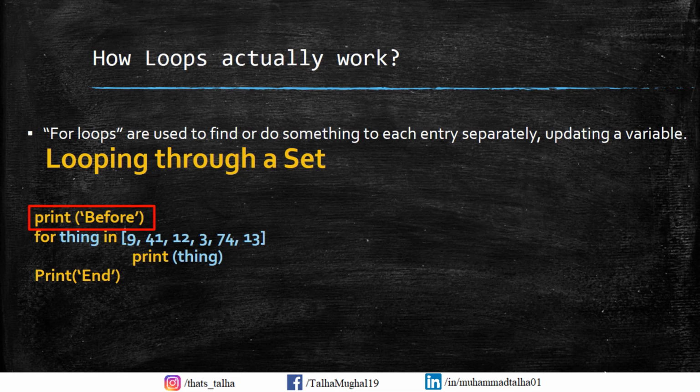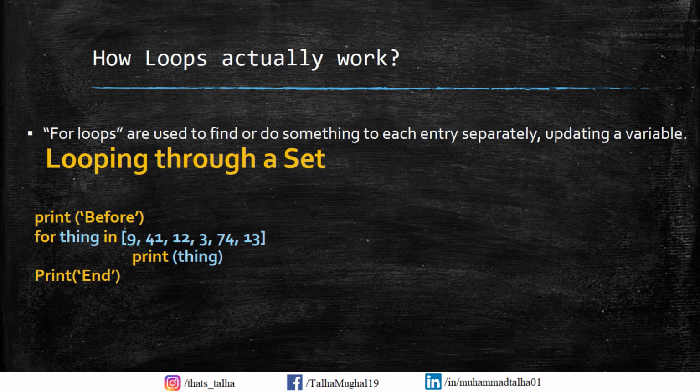We are just defining a starting point for the program, and after that I have defined a for loop. After the for, I have written thing, and this thing here is an iteration variable, and you can remember that we can give any name to our variables. We can also write i, we can also write number, we can also write thing, or any other name you want to give to the variable.